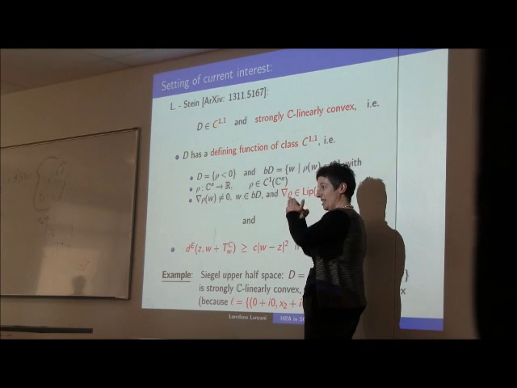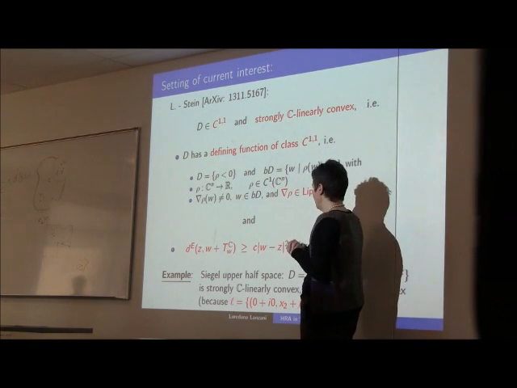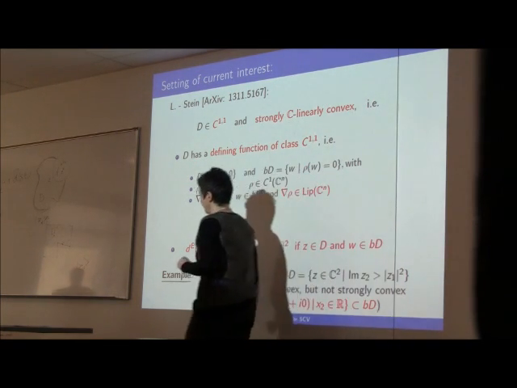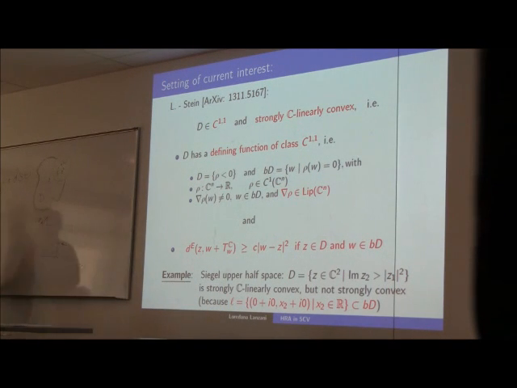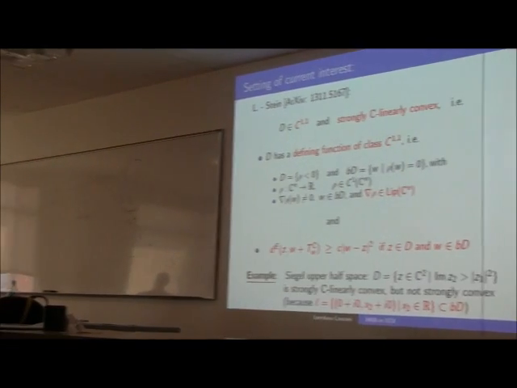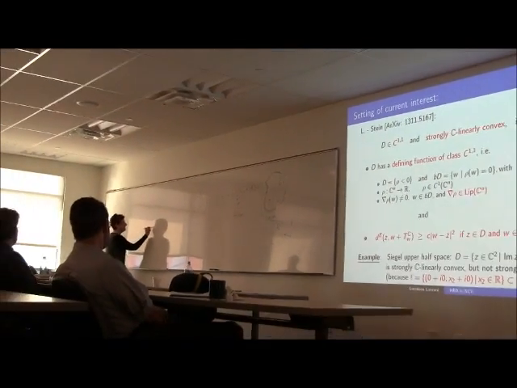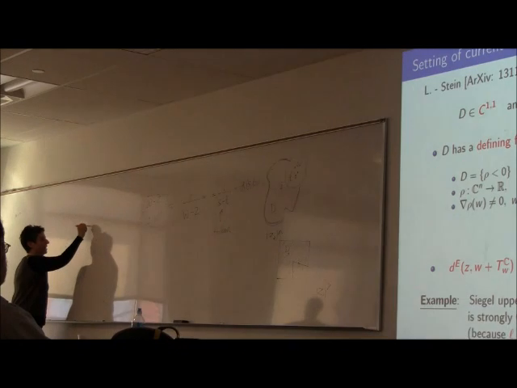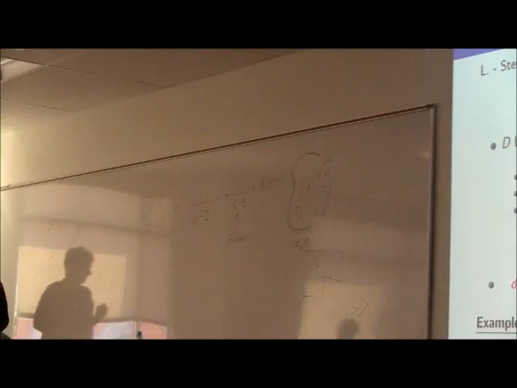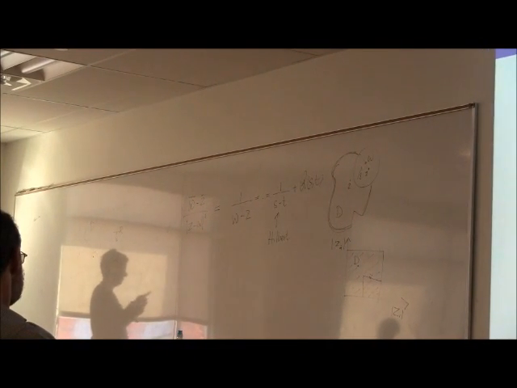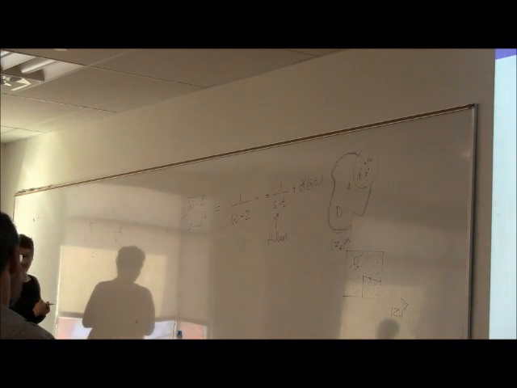So what is the kind of convexity that we work with? It can be described as follows. So this is our domain. Here is a generic point in the boundary of the domain. You look at the real tangent space at that point. That's a space that has real dimension 2n minus 1. Well, it contains a special subspace.